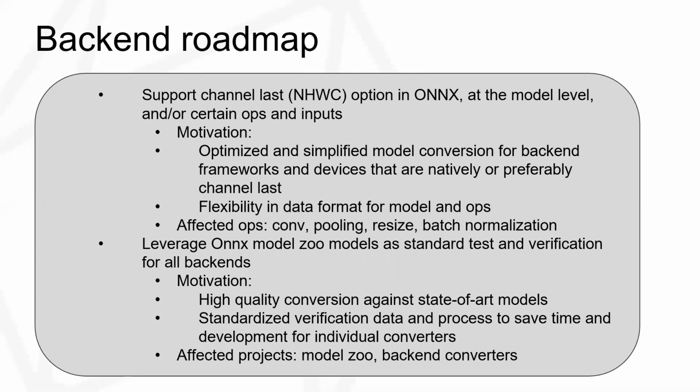Two, if the backend prefers channel last, which is common for many edge devices, again, some sort of transpose will be inserted into the model to make it less efficient. So providing a new data format option would make the ONNX models more flexible in general, and also more friendly for certain backends.